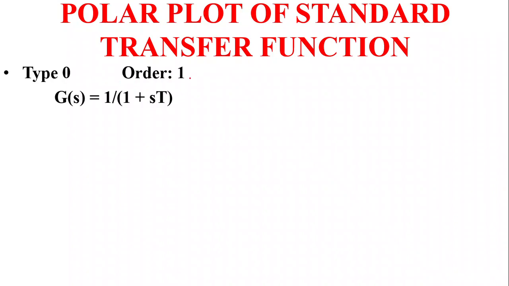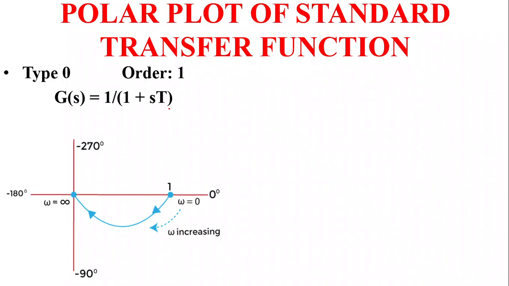The general transfer function of type 0 and order 1 is G(s) equal to 1 divided by 1 plus sT. In the diagrammatic representation of the polar plot of a type 0 order 1 system, we start at ω equal to 0; the type 0 system starts from this point, and as ω increases from 0 to infinity, the polar plot ends at the point that indicates the order of the system.